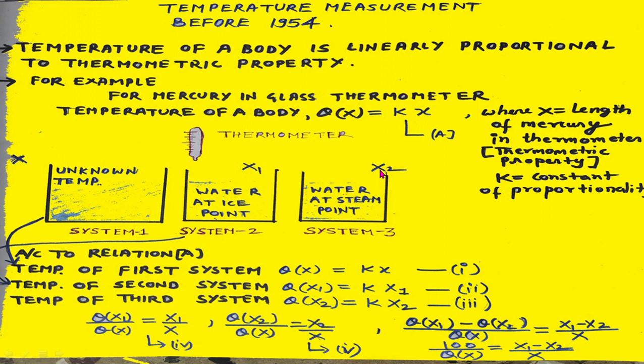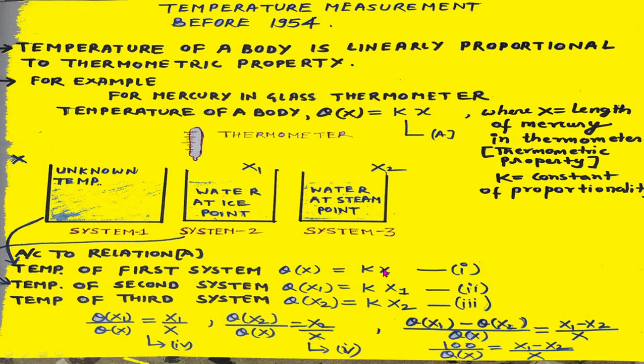Now according to relation A, as shown here, that is theta x is equal to k x. The temperature of system 1 is denoted by theta x is equal to k times x, where x is the length of the mercury measured by the mercury in glass thermometer when it was in contact with system 1.